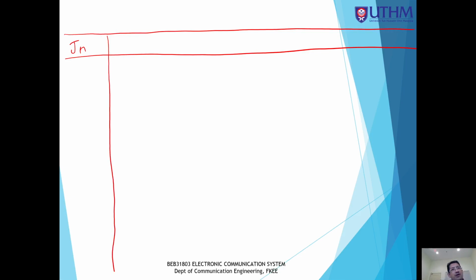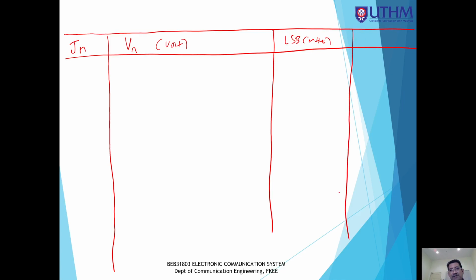And this is about the amplitude spectrum, so we want to find Vn in terms of volts. Then we need to find the lower sideband frequency, LSB, in terms of megahertz, and then the upper sideband frequency, USB, in terms of megahertz.